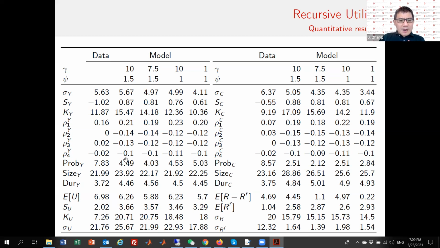And disaster size is slightly bigger, duration is slightly bigger as well. And in this case, we have equity premium 4.45%. So volatility 16%, 15.8%, which is not bad. But again, this is without the capital, and that extension has to wait another 4 years to come along.